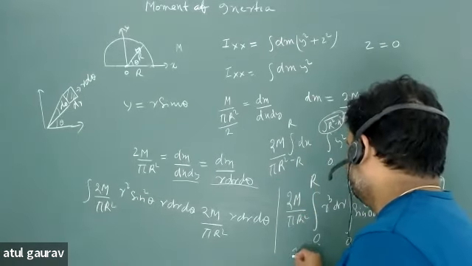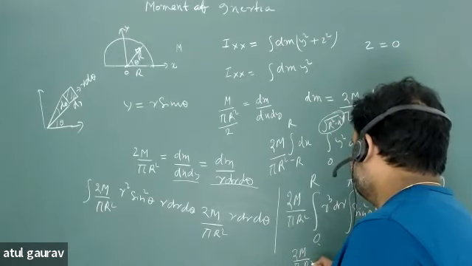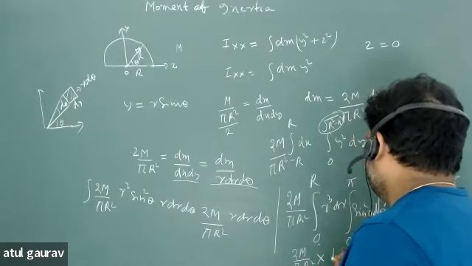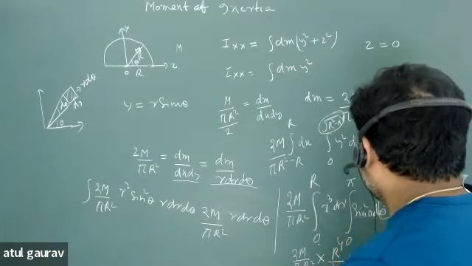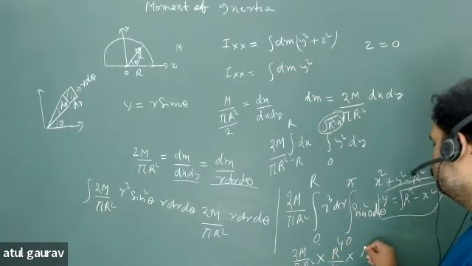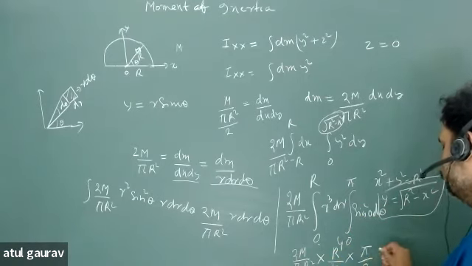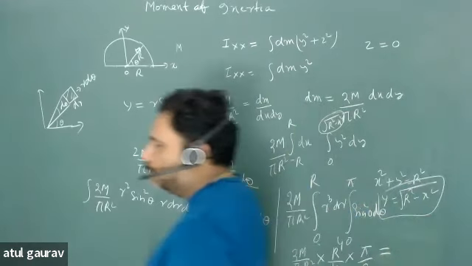Solve karo, batao kya hoga? 2m pi r square, and this value is equal to what? r4 by 4. What will be sin square theta d theta 0 to pi? Pi by 2. Pakka? Pi by 2. Yes, sir. Obviously. How will you solve sin square theta d theta?